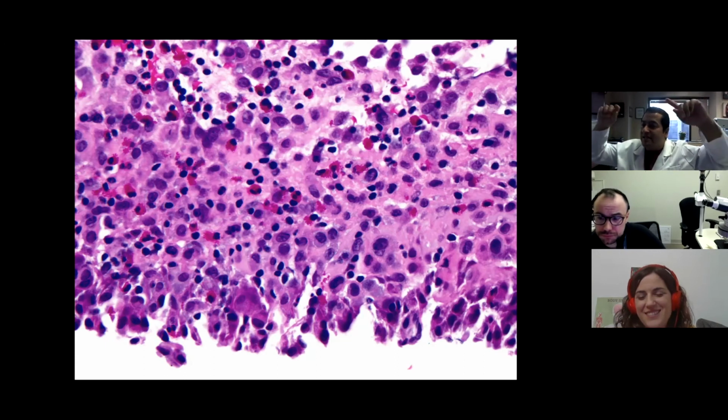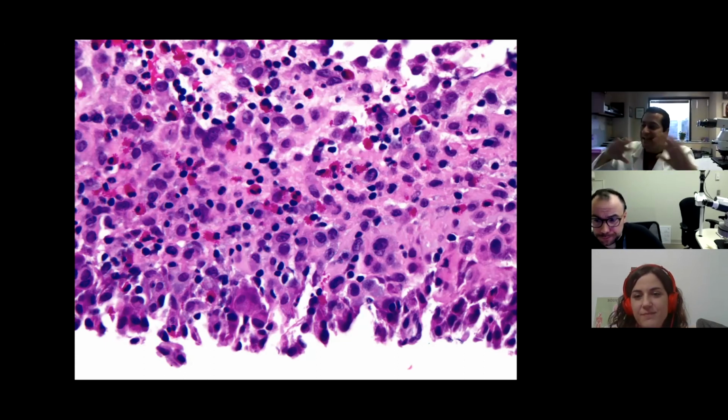The clue is that it's only on the pleura. There's nothing in the lung. The lung is completely normal. This reaction is only in the visceral pleura. So in these cases, I don't even stain it because it would make no sense for LCH. This is just such a common finding in pneumothorax cases.